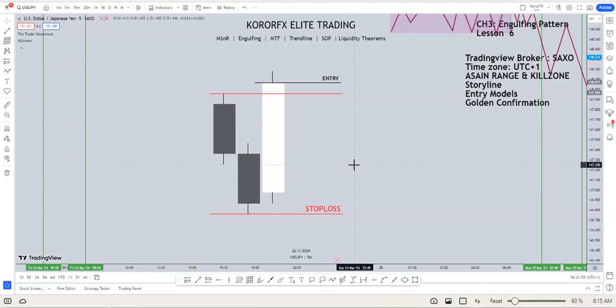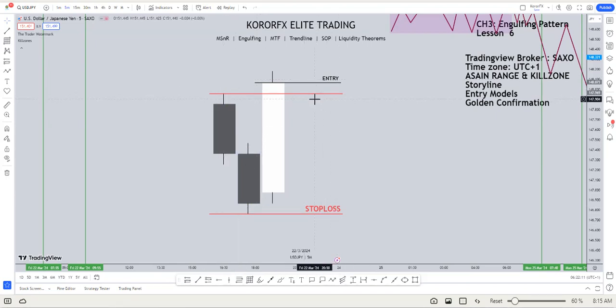I always wait for the engulfed candles. We wait for the new candle to completely engulf the past few candles, for example this one or this one. We wait for the price to push up and engulf them.